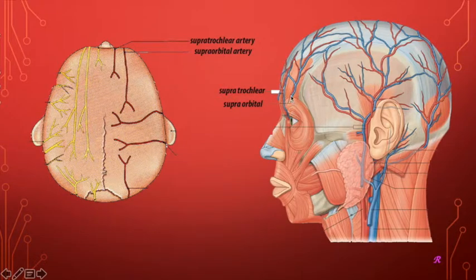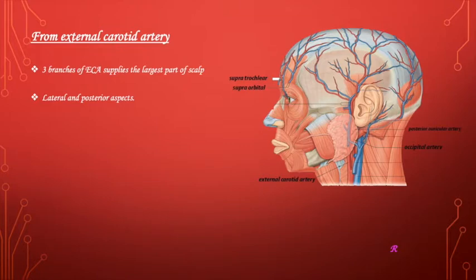Here this is the supraorbital and this is the supratrochlear. You can see they are supplying till the vertex of the head. So once again, I want to remind you that ophthalmic artery is a branch of internal carotid artery.